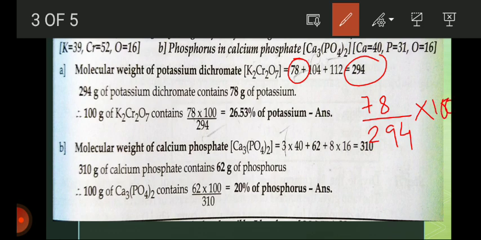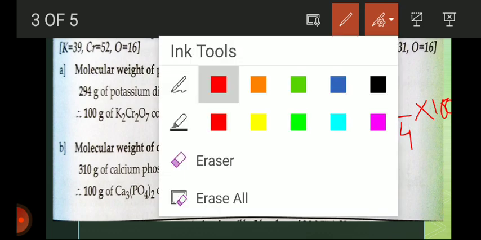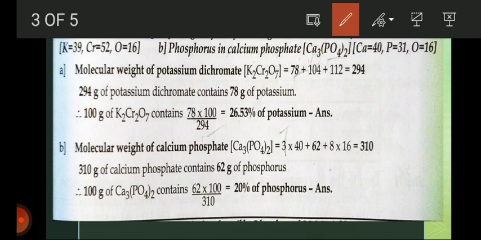Now if you do this, then you will get 26.53 percent. That means in this potassium dichromate, 26.53 percent of potassium is present. I think it is absolutely clear to you all. So this is how you have to find out the percentage composition of a particular element.